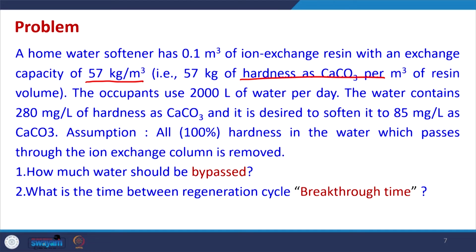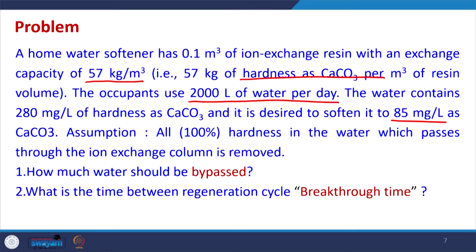It is the maximum capacity that the resin has. Now, the occupants require around 2000 liter of water per day. The water itself contains 280 milligram per liter of hardness as CaCO3, and we desire it to be reduced to 85 milligram per liter as CaCO3.